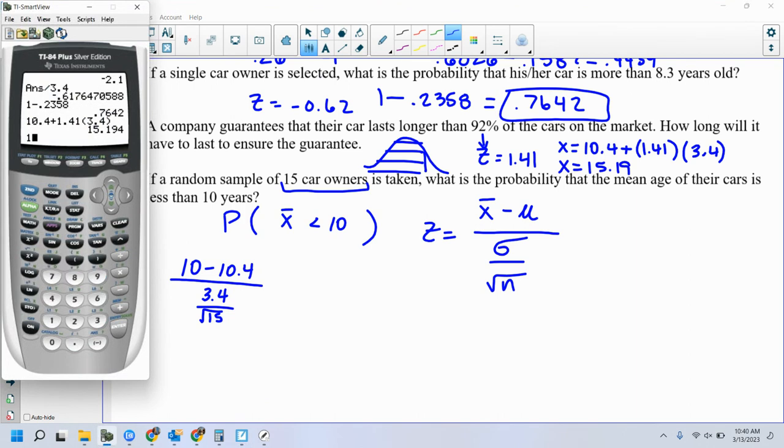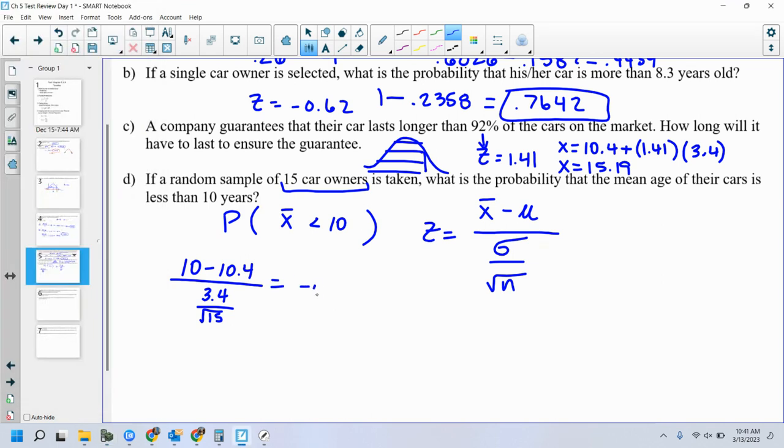Okay, so I've got 10 minus 10.4, in other words, negative 0.4, divided by 3.4 divided by the square root of 15, which gives us negative 0.46.